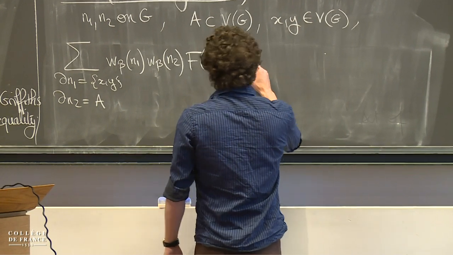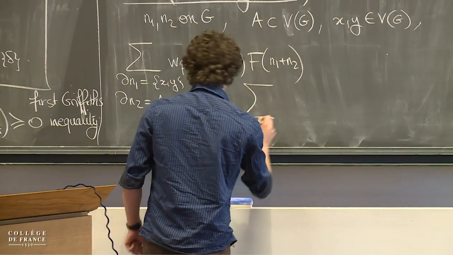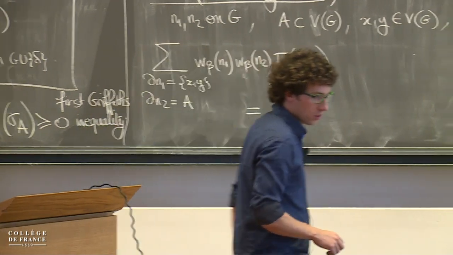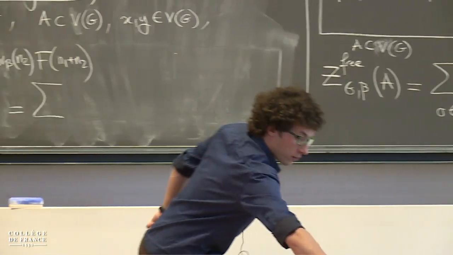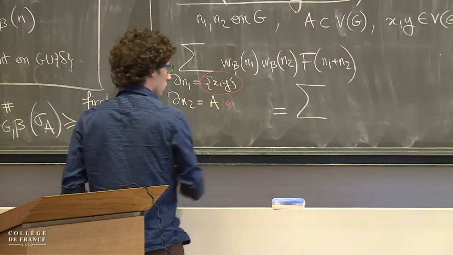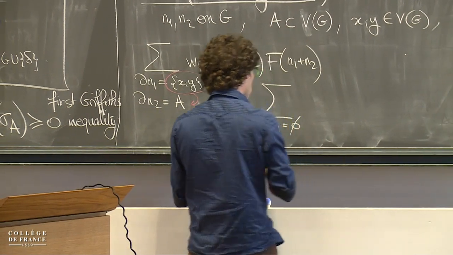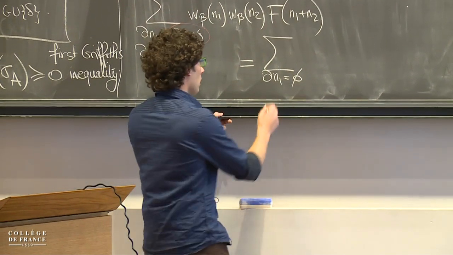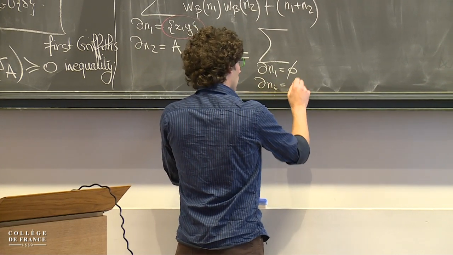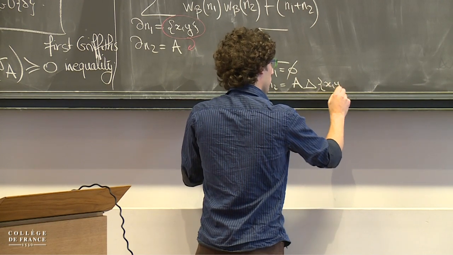Well, the switching lemma is saying this is equal to the sum where you switch the sources from this set to this one. So N1 is going to be sourceless, and N2 is going to have sources A symmetric difference XY.